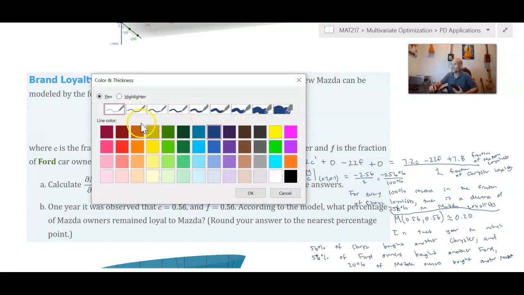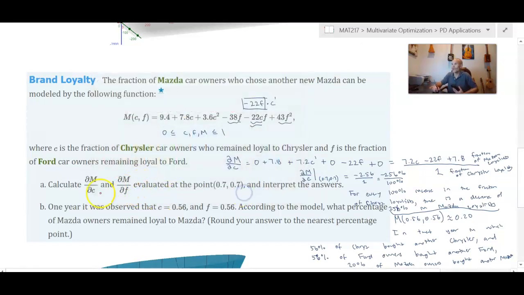Now, if we take the partial derivative with respect to f holding c constant, now every term with c in it is a constant, so those derivatives will be 0. The derivative with respect to x will be negative 38.